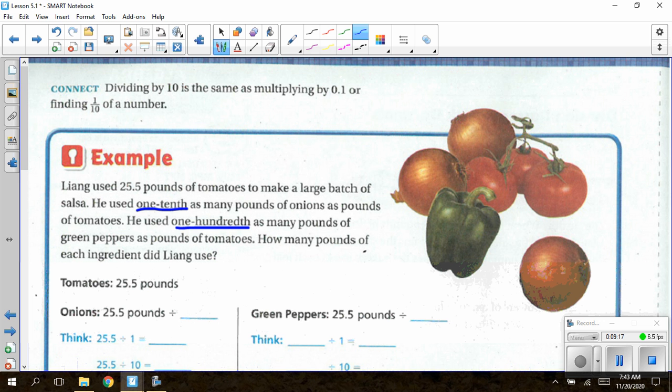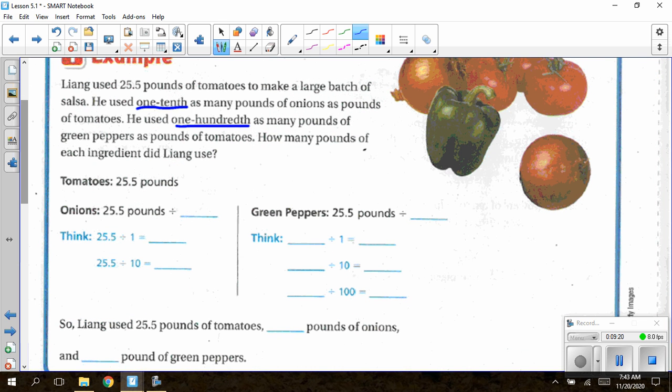So remember, if we have the number of pounds of tomatoes, which is 25 5/10 pounds, and they say for the pounds of onions, it is 1/10 of that, multiplying by 1/10 is the same as dividing by 10. So to find the onions, I have to take 25 5/10 and divide it by 10. So if I fill in the pattern, I know any number divided by 1 always equals that exact same number.